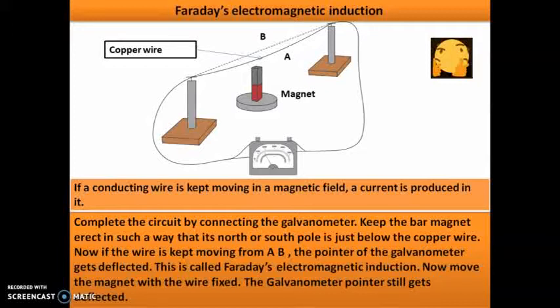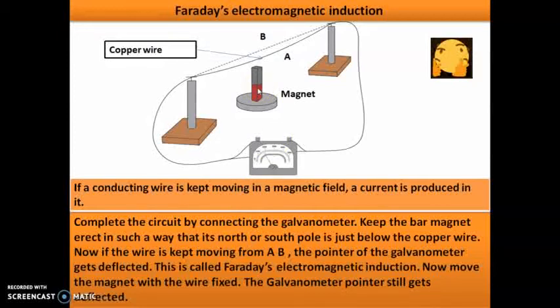To find this answer, he carried out another experiment, as you can see in the diagram. Here you can see a circuit connected with a galvanometer. Then we see a bar magnet, and this is a copper wire. The position of the copper wire, children, is just above the magnet.